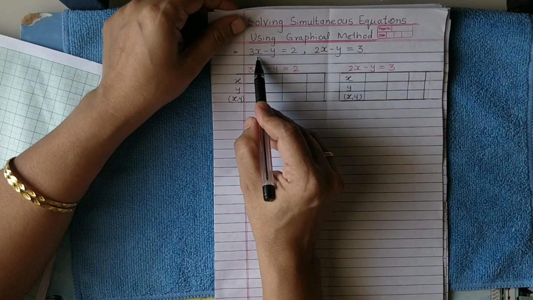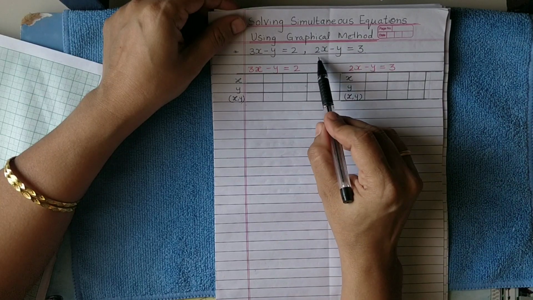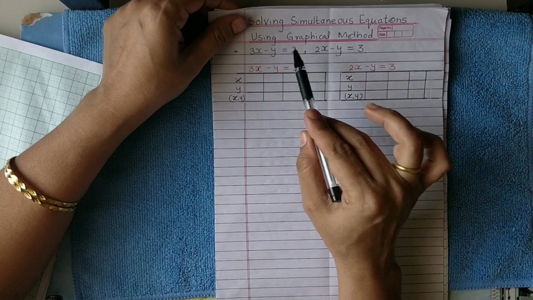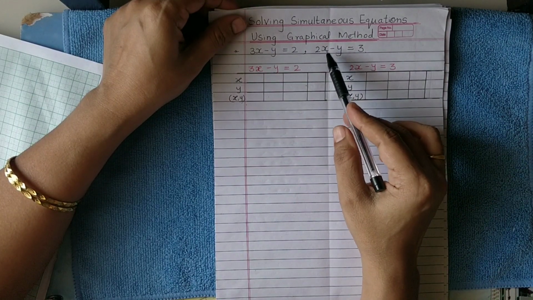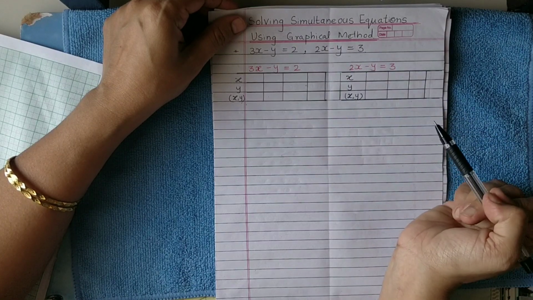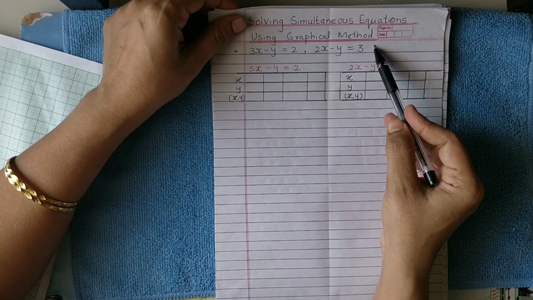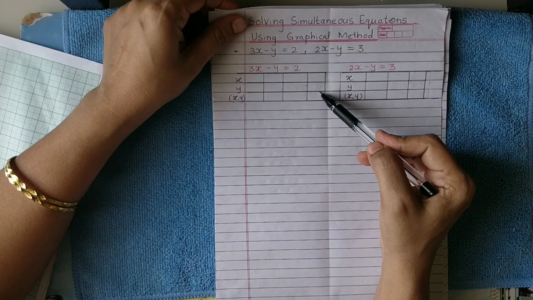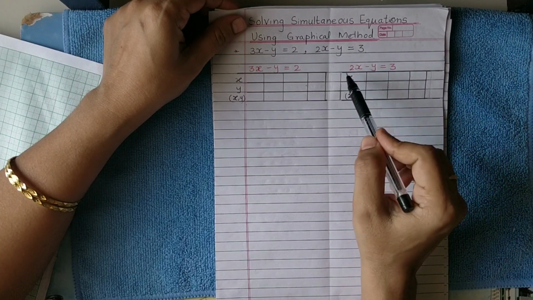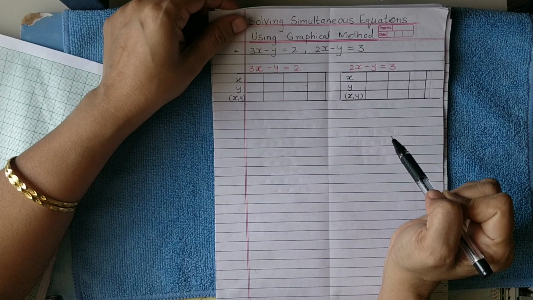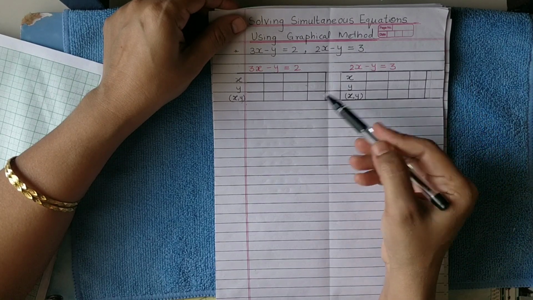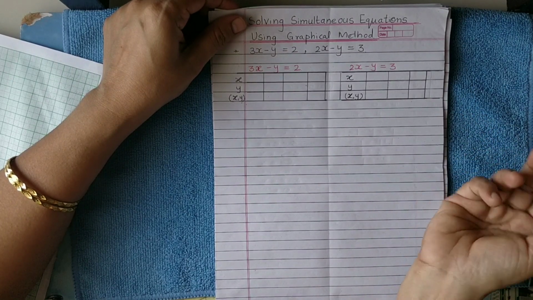So 3x minus y is equal to 2 and 2x minus y is equal to 3. These are the two equations and we have to solve them using the graphical method. So we need to plot the graph for these two equations, which are going to be straight lines, and where they intersect, that point will satisfy both the equations, thus that will be our solution.